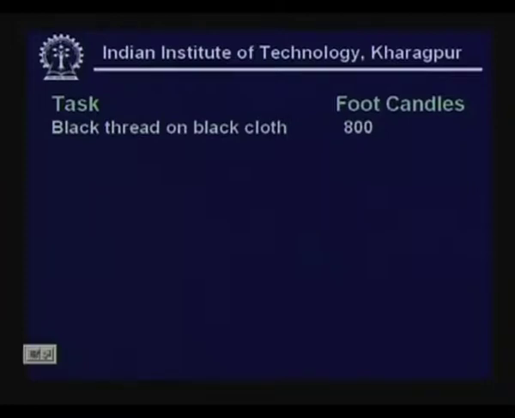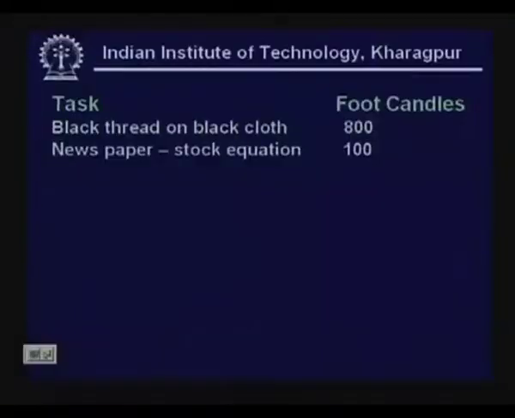Observe, we are looking at observing a black thread on a black cloth, which means contrast sensitivity has to be very high, and that is why we did find that when compared to what was the contrast sensitivity at 1 foot candle, it becomes 450% at 100 foot candle. But these two being very close in wavelength, you will need much higher.